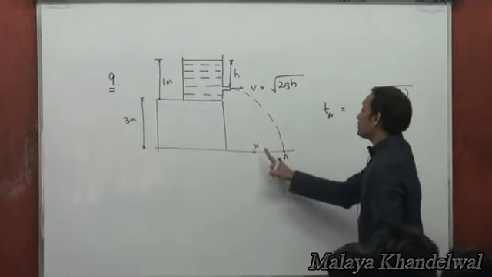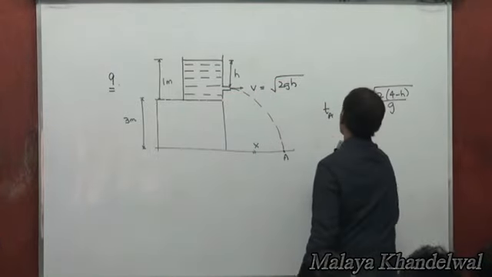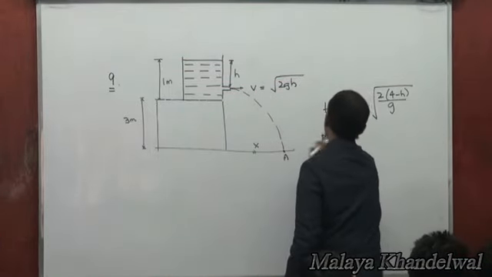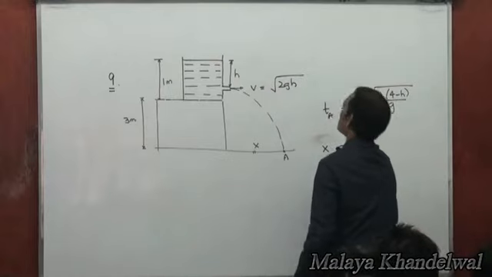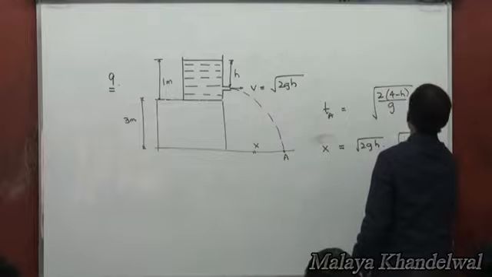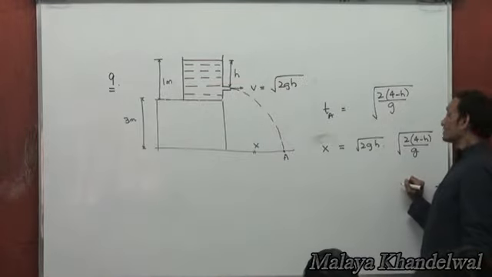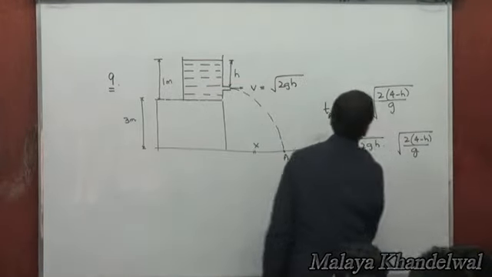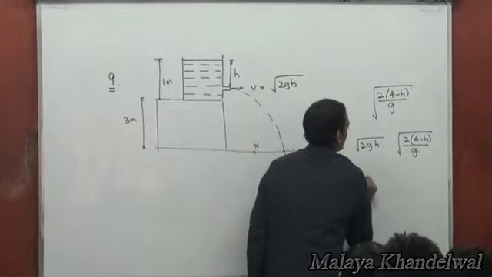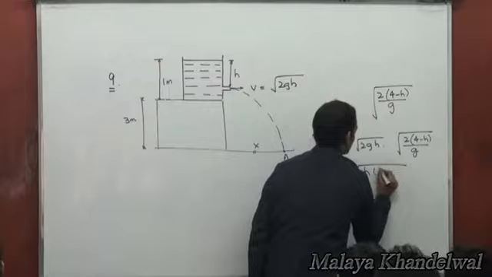And the range X covered with a constant horizontal velocity VA is going to be root 2GH into root 2 into (4 minus H) by G. That's going to be X. Now this is 2 root H into (4 minus H).